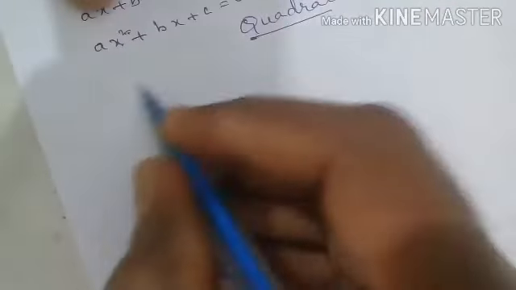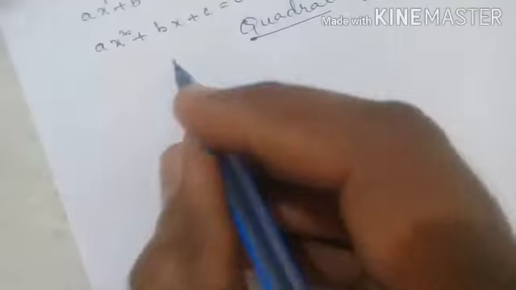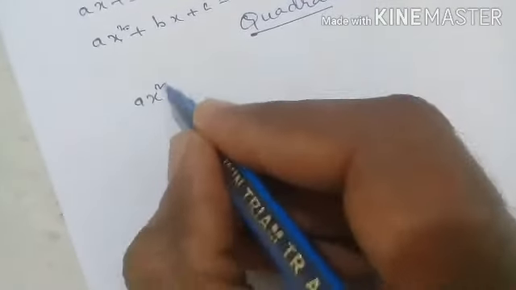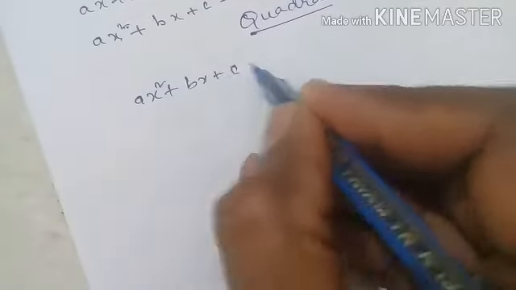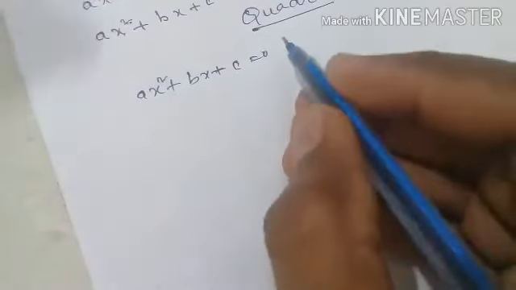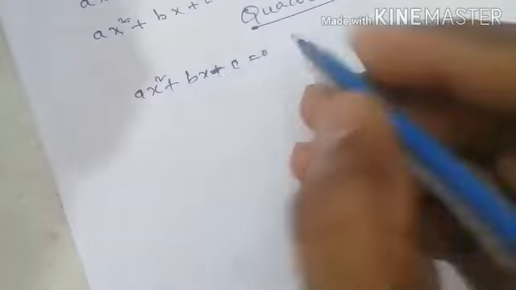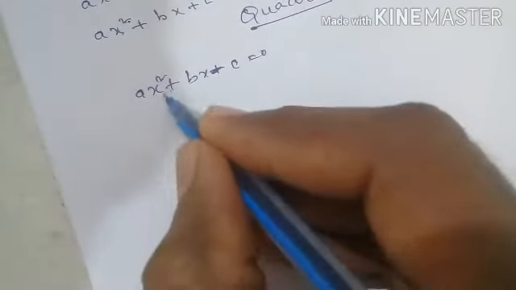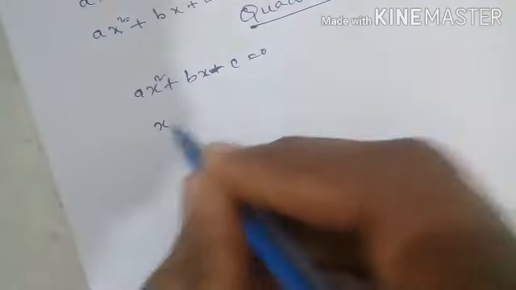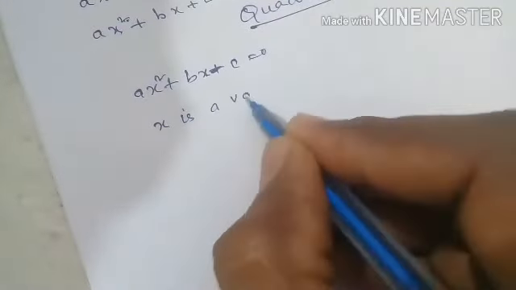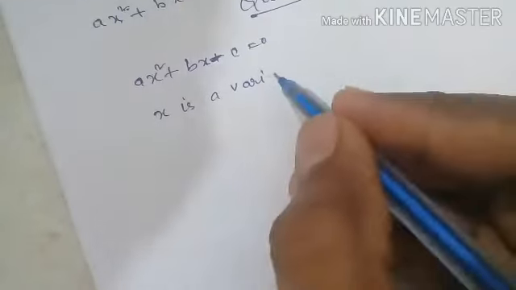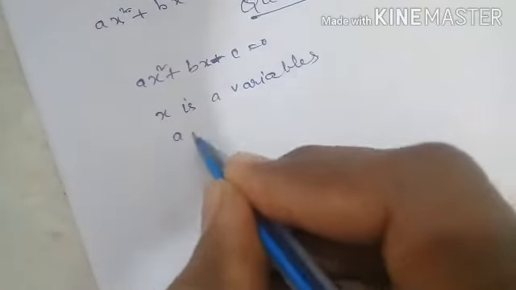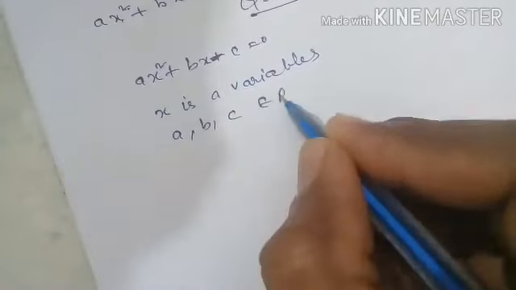Now what is the general form of a quadratic equation? For example, ax square plus bx plus c is equal to 0 is an equation. Clearly it is called a trinomial because it contains 3 terms. Here x is a variable, and a, b, c are real numbers.